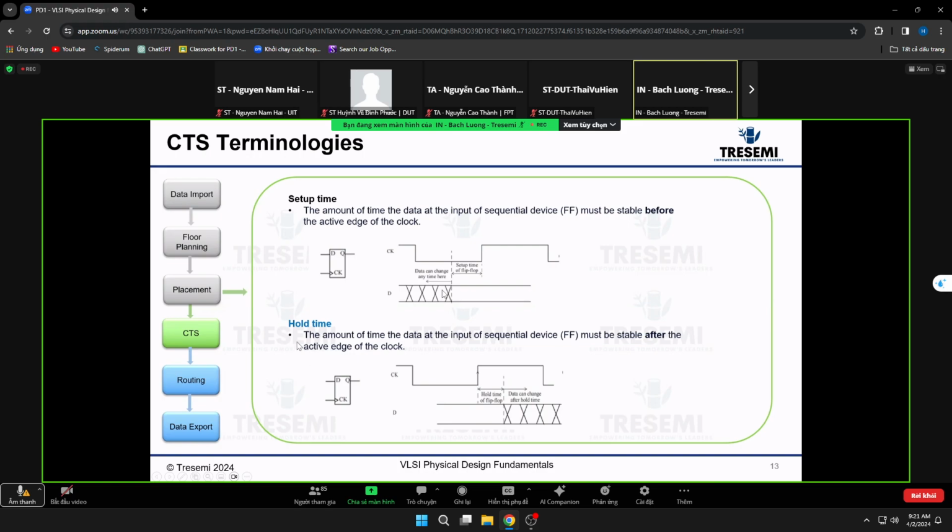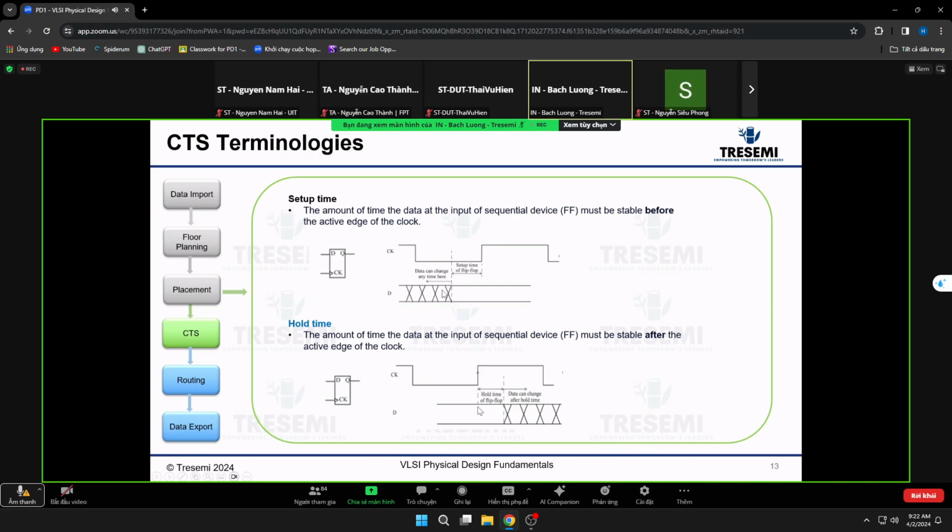Okay, now hold time is the amount of time that data at the input of a flip-flop must be stable after the active edge of the clock. So setup is before the active edge, and hold time is after. This is the active edge of the capture flop. After the data has already been captured, after the active edge, it has to hold for this amount of time.